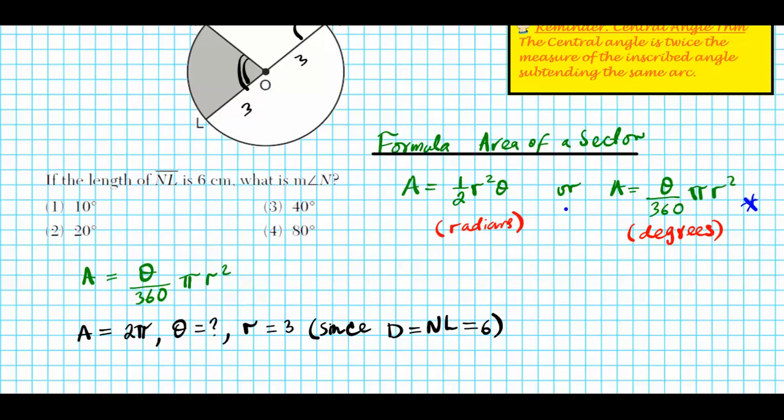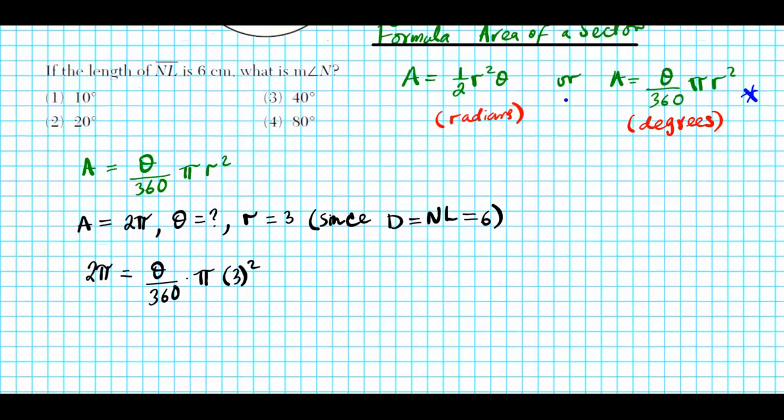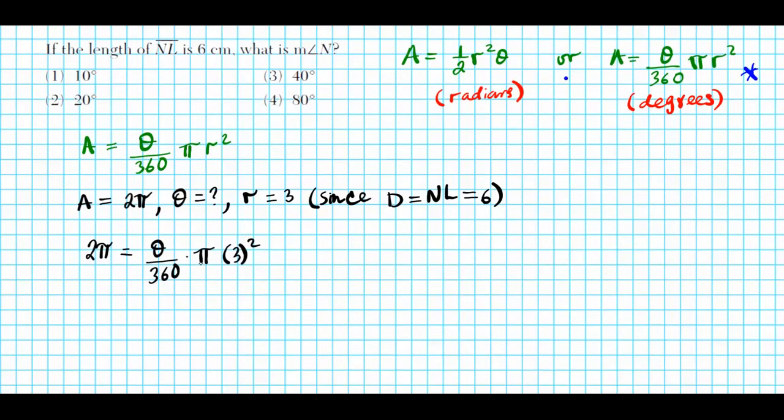It looks like we have everything we need, so we input it into this equation and solve for theta, the central angle. We have 2 pi equals theta, which is unknown, over 360 times pi times the radius, 3, squared. Now let's simplify the right side.